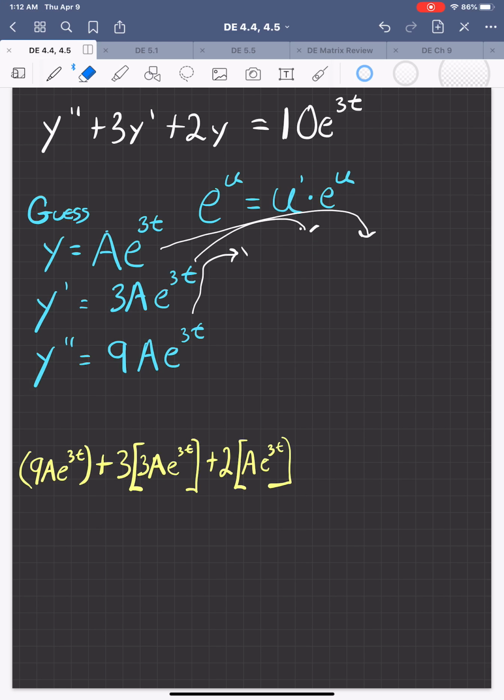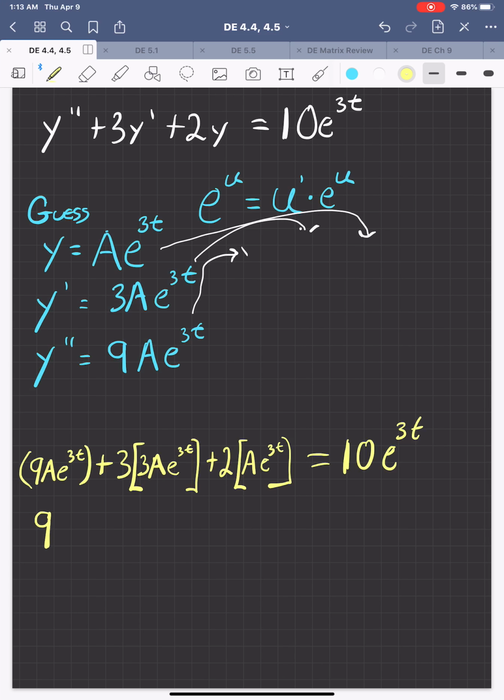And now let's go ahead, and that was going to be equal to f of t, which is 10e to the 3t. Okay. So what's going to happen right now is we're going to clean this up a little bit. We're going to distribute the 3, distribute everything out and see what it looks like. So I can drop my parentheses.